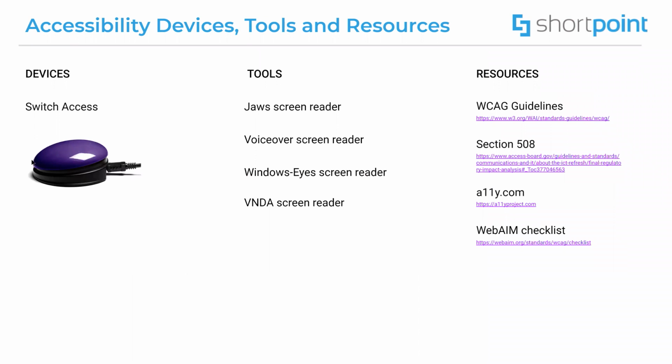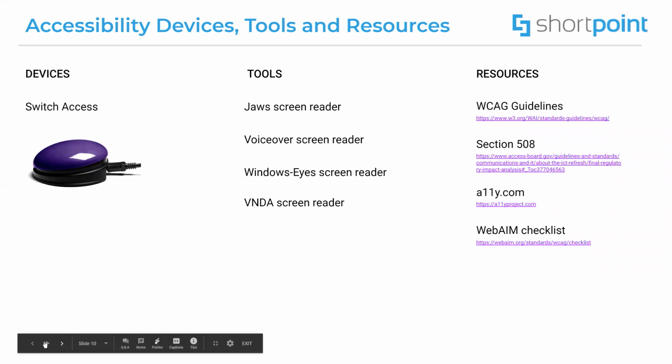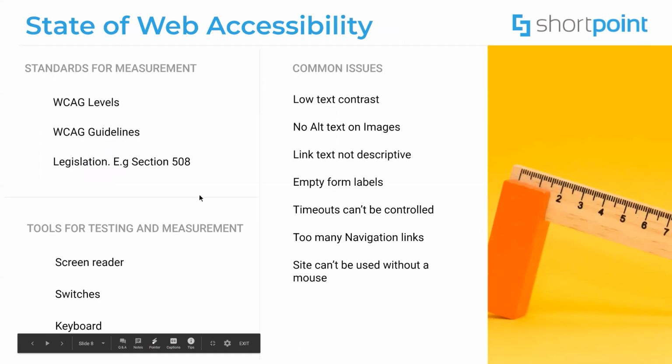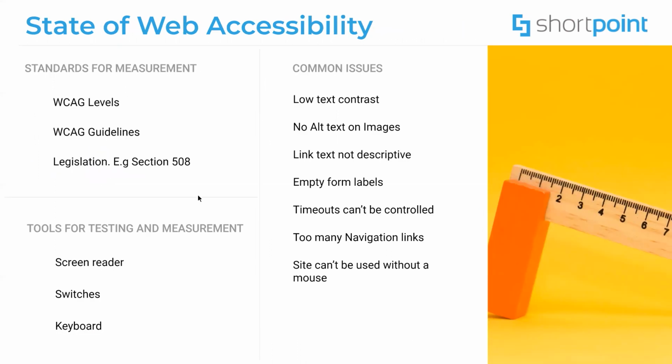It's this little button that I have at the left side of the page. Basically, it's just a simple button which allows users with limited mobility, for example, to be able to type or interact with web pages.